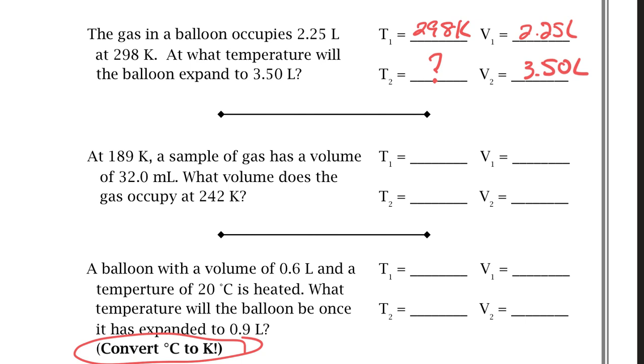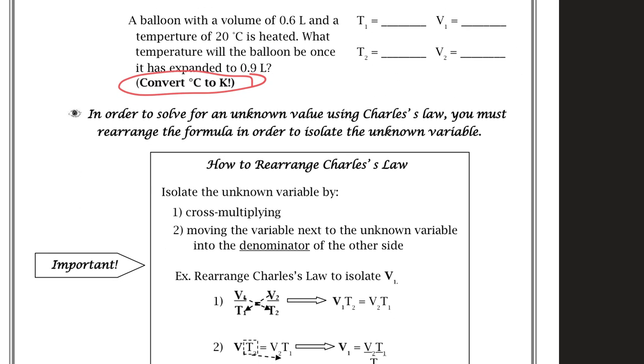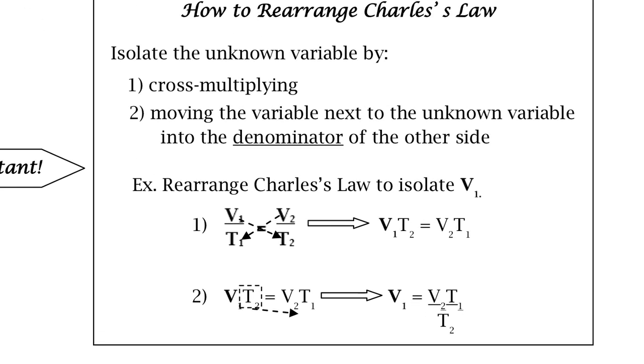If you've already done this, just double check and make sure that you've converted the Celsius to Kelvin. If it's already done for you, you don't have to do it again.